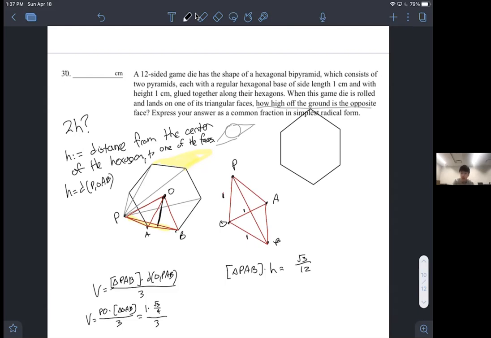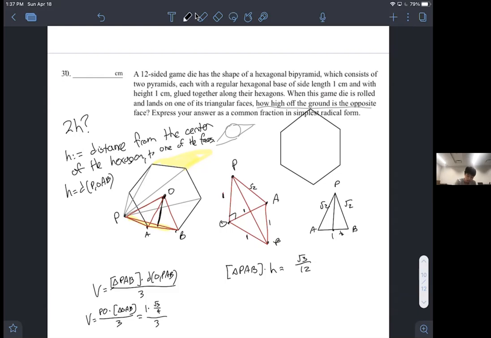Now we can also find the area of triangle PAB. Let's draw out PAB. We know that AB equals 1 because OAB is an equilateral triangle. PA is √2 because of the Pythagorean theorem. Same with PB. We can find the area of triangle PAB by dropping this perpendicular.